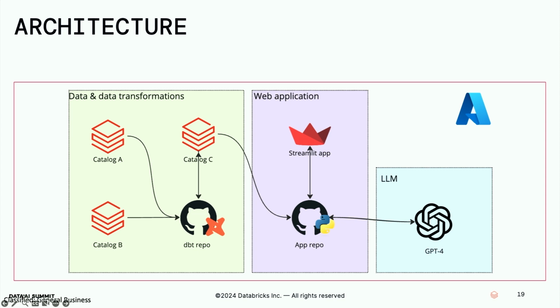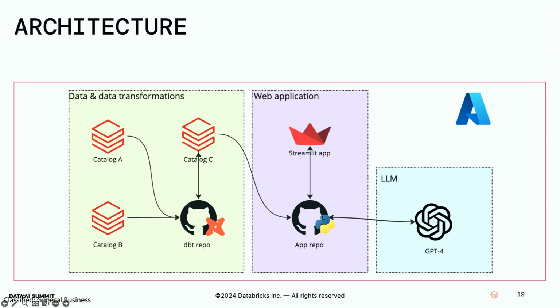For this particular use case, we might be using data from catalog A and catalog B to create catalog C, and that is then the data source for our web app. And we use GPT-4 in Azure as our large language model.